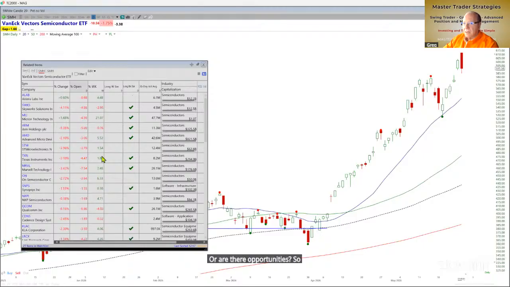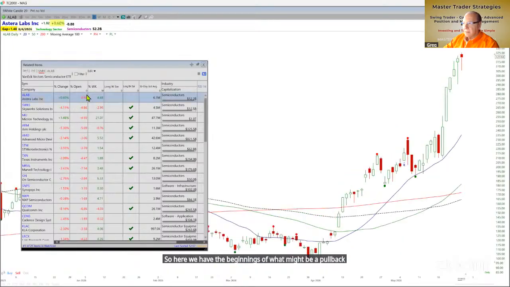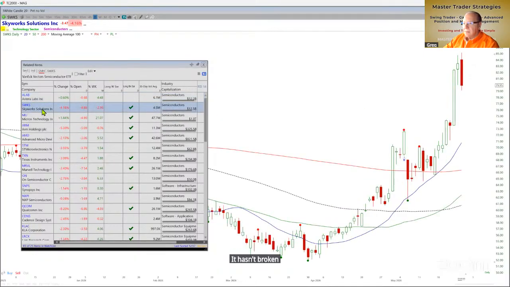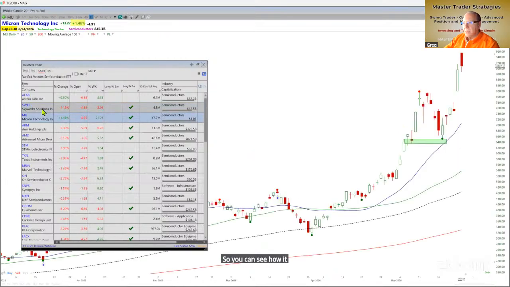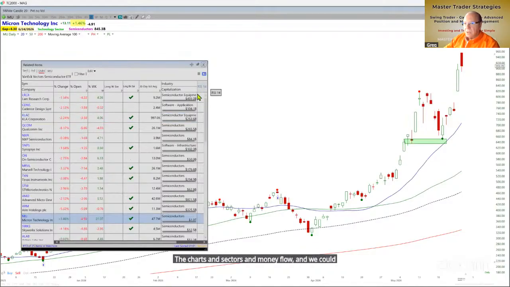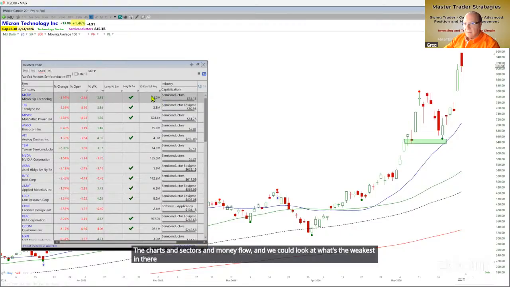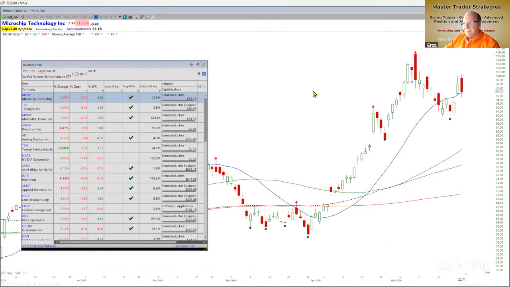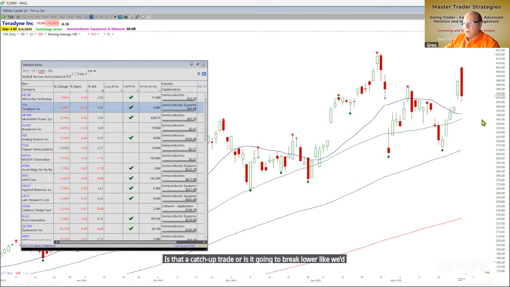So here's SMH, and it loaded up all of the semiconductors in here. So here we have the beginnings of what might be a pullback and the same process. Is it a call spread candidate? Oh, it hasn't broken a prior day's low. So you can see how it just becomes a fluid thought process of looking at the charts and sectors and money flow. And we could look at what's the weakest in there, right? And is that a catch-up trade or is it going to break lower? Like, we'd have to see which way it goes.